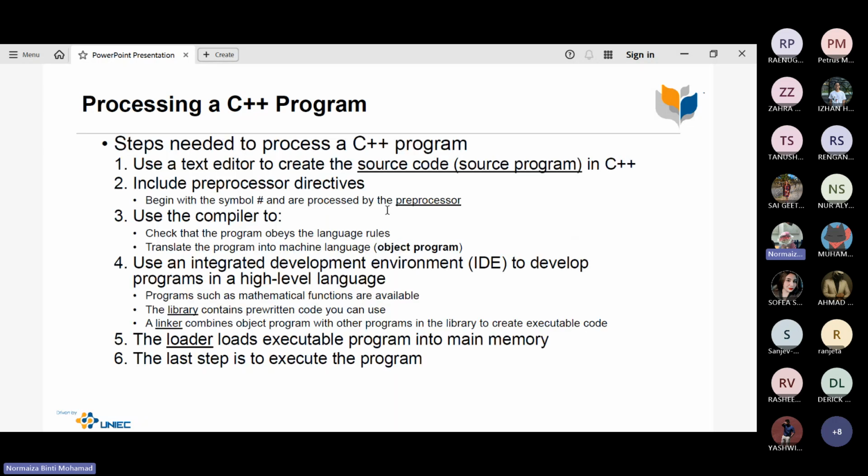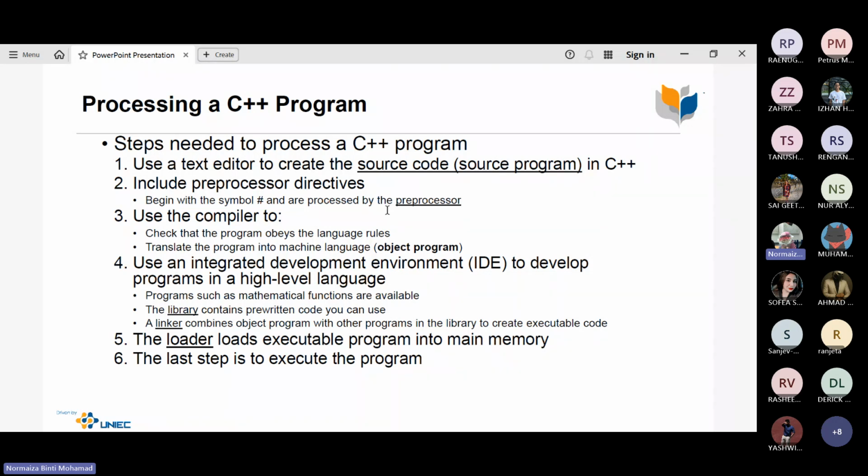Okay, so the steps needed to process. First, you use a text editor to create the source code. Well, it doesn't have to be a text editor. Assume you use the text editor to create the source code or the source program in C++. Include pre-processor directives. Give me the symbol, C sharp, no, sorry, the symbol hashtag, and these are processed by the preprocessor.